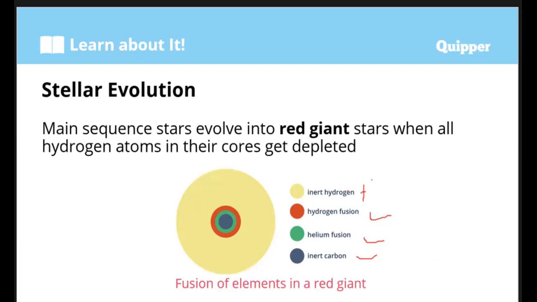In order for a red dwarf star to evolve into a red giant star, it needs much of the hydrogen. This hydrogen, the yellow part, will be converted into helium, and that is the process called hydrogen fusion, and the helium is being converted into carbon, and that is now the blue one.